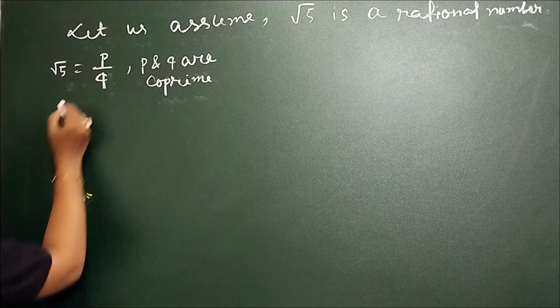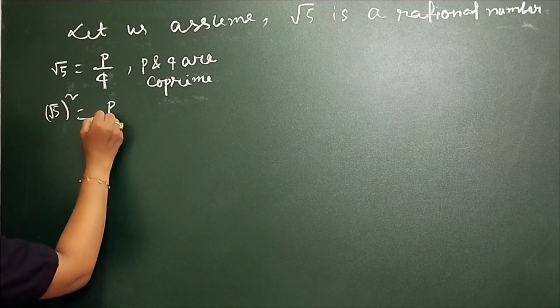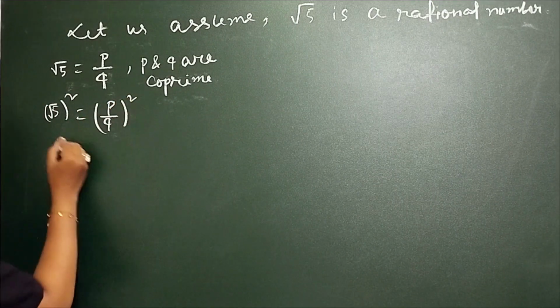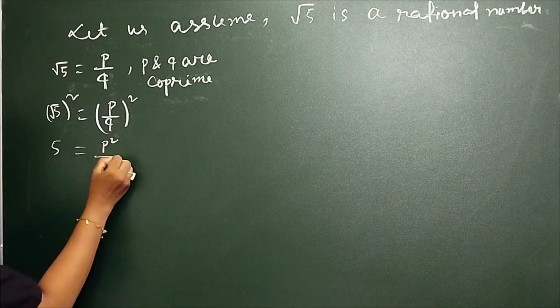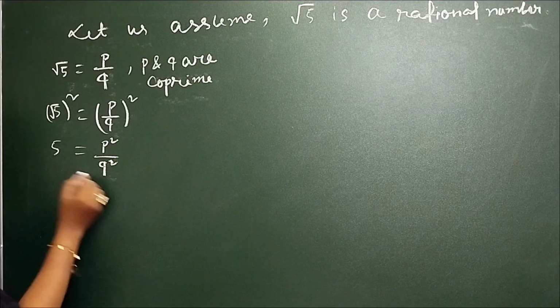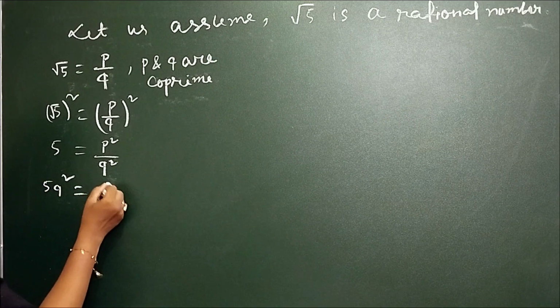Next step, squaring both sides. We get root 5 square means 5 equals p by q square, that is p square by q square, and q square multiplies here, so 5q square equals p square.